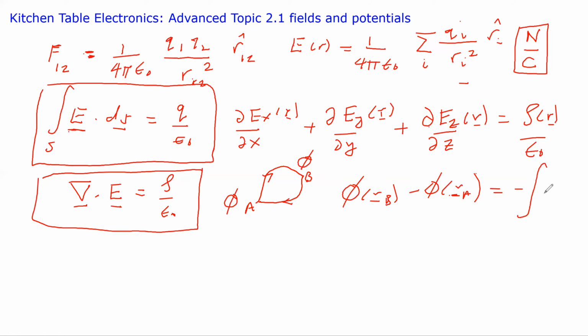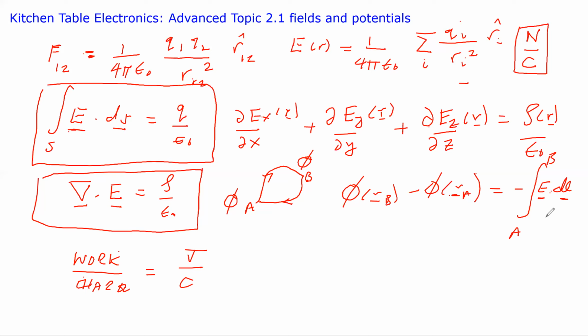So it is this integral here of E at any one point along the path dot an element of length along the path, force times distance on a unit charge between the points A and B. And that's the work done per unit charge. So it's work over charge, or joules per coulomb. These are the units of potential.